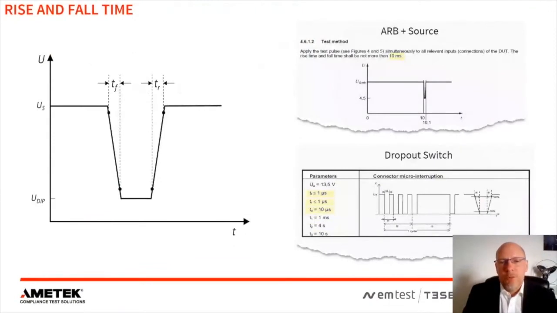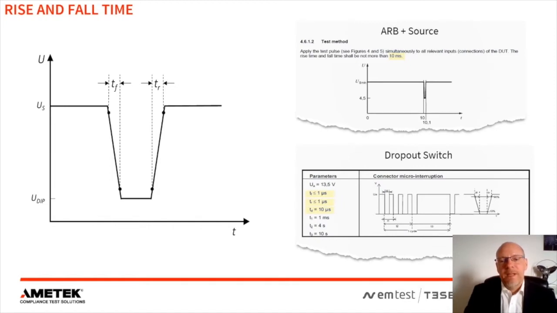So here we're going to show what I just talked about, the two different types of testing. There are hints in the standard that explain what type of equipment or what type of simulation the standard writer intends you to do.